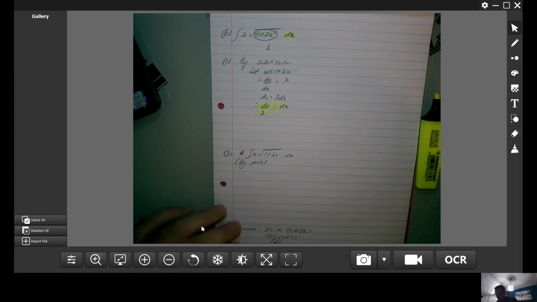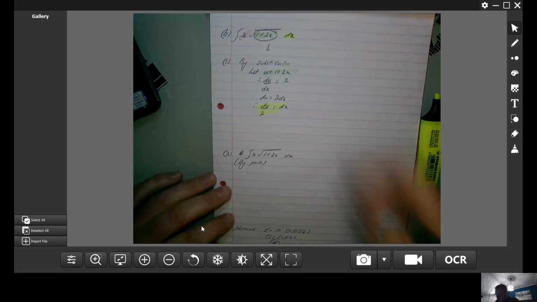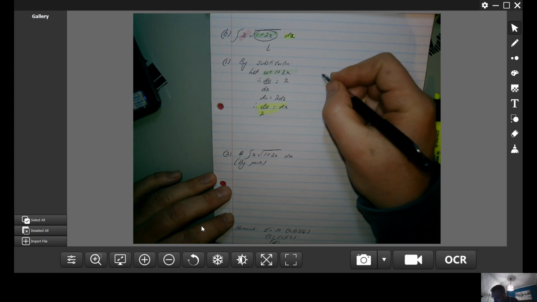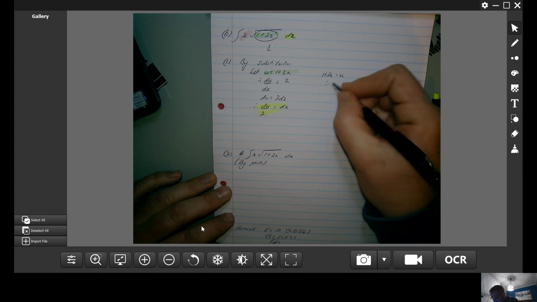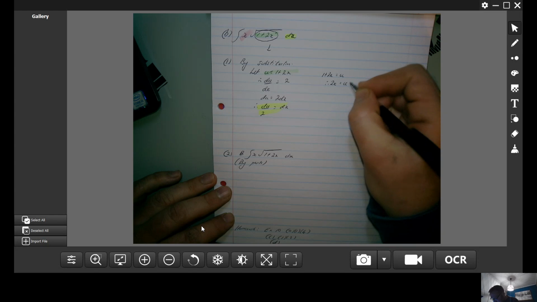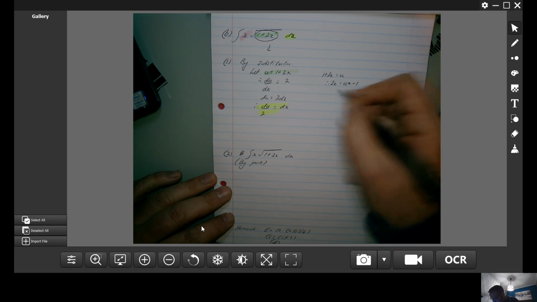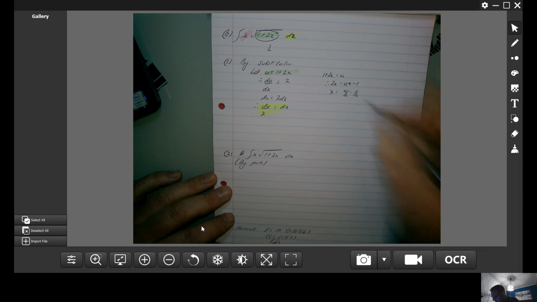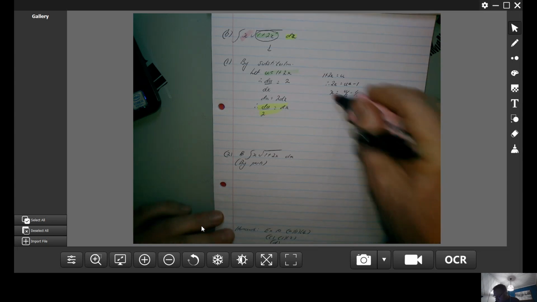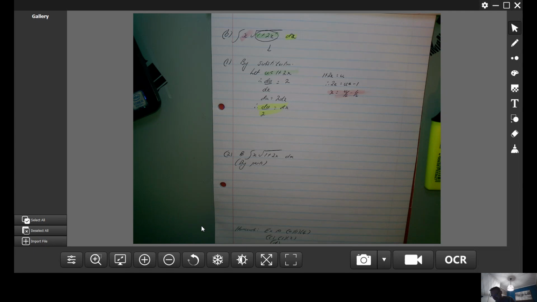The problem is this x over here, but it's not a big problem because I know that 1 plus 2x is equal to u. So isolate the x, I get 2x is equal to u minus 1. So x is equal to u over 2 minus a half. Okay, so there's x.